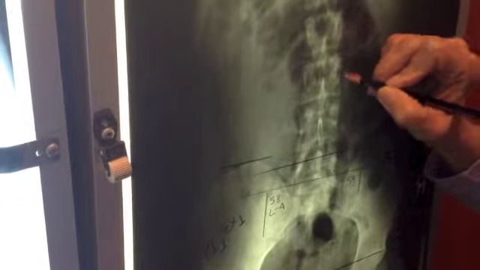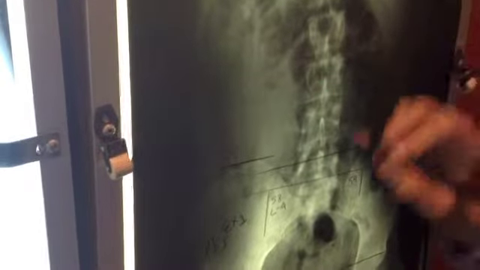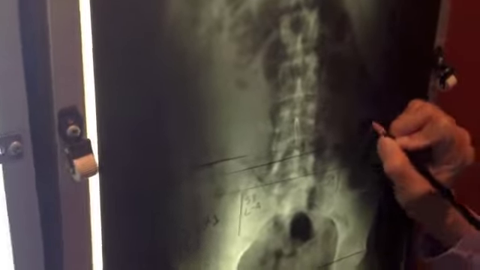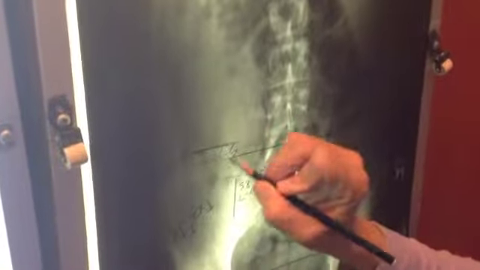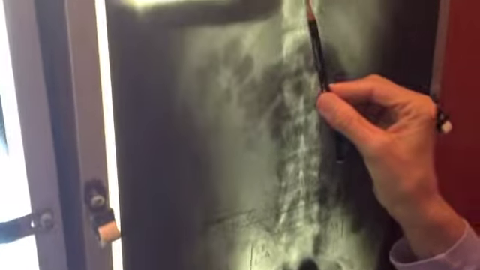So this one is closer to the edge, this one's wider, so I'm going to call this a PRS of L5. And then it keeps going off, and it doesn't come back around in the lumbar. So we're just going to leave this the way it is. It's a PRS of L5.